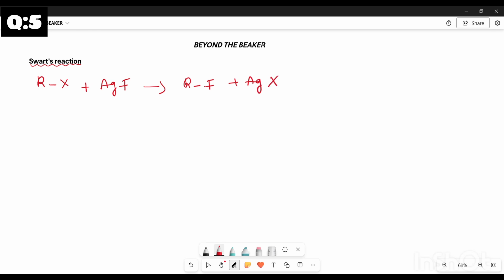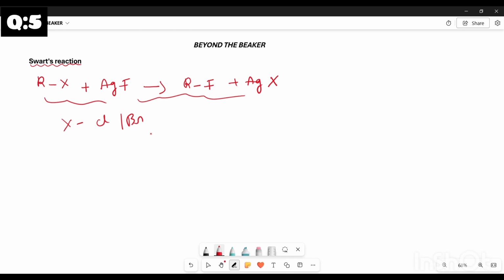This reaction is called the Swarts reaction. Here X is either Cl or Br. Alkyl chlorides or alkyl bromides heated with metallic fluorides like silver fluoride or cobalt fluoride give alkyl fluoride.